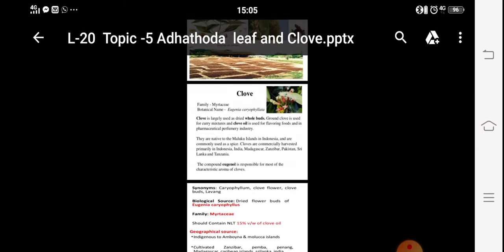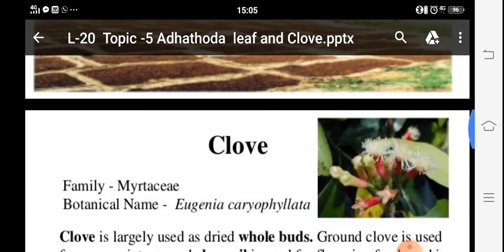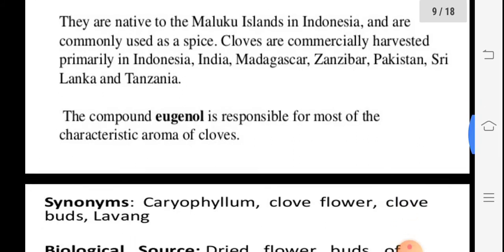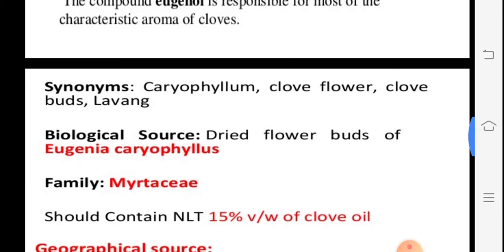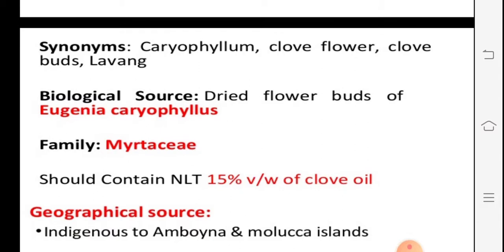It is maximally rich in eugenol, which is responsible for most of the characteristic aroma. So clove has a specific aroma and flavor.